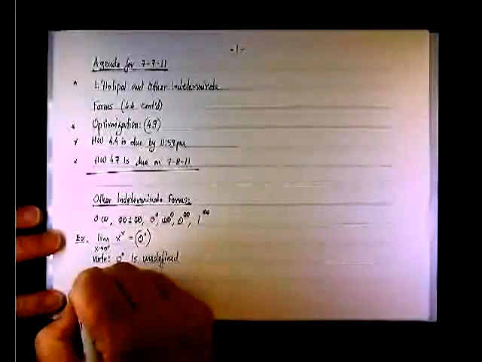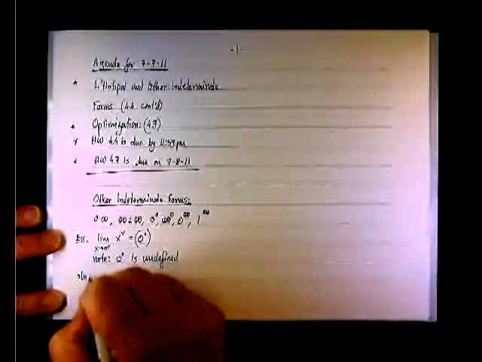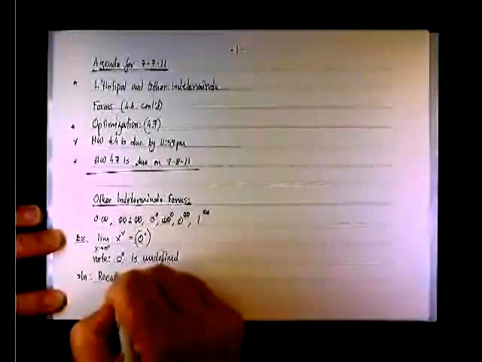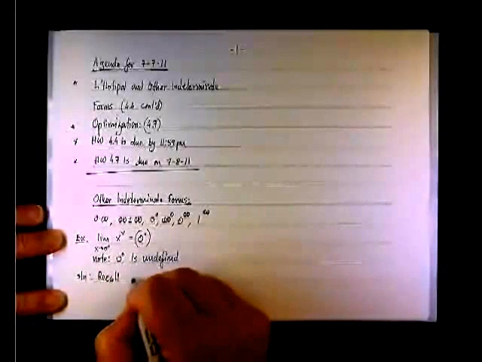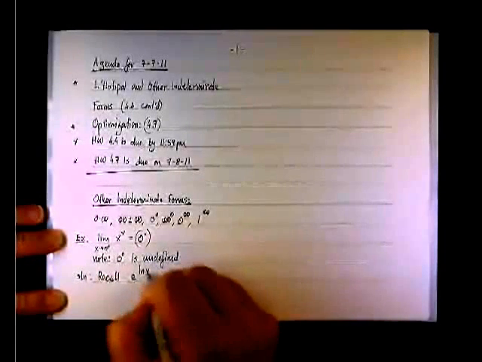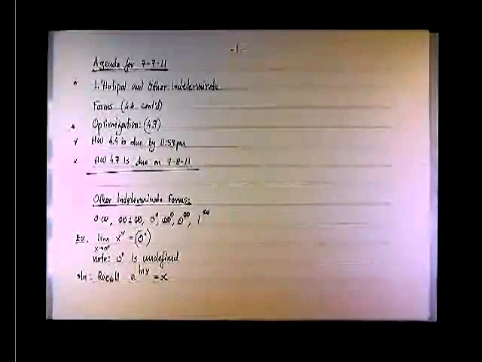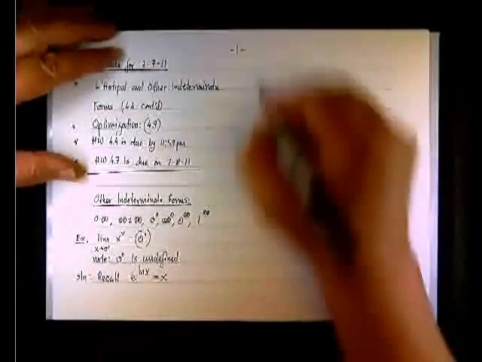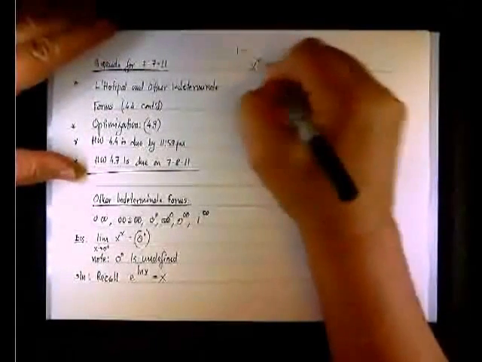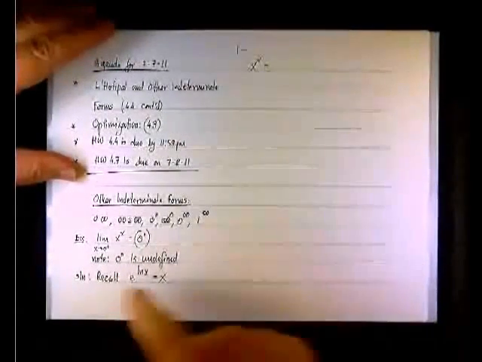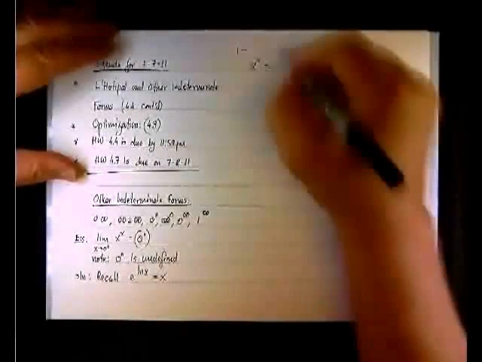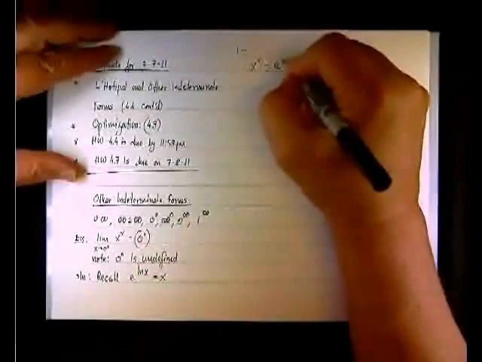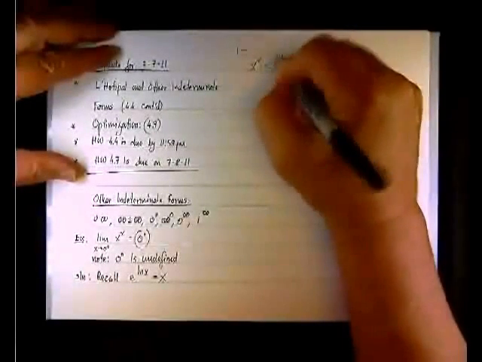To solve, we're going to recall the following. Recall that e to the natural log of x equals x, and we'll use this property in the following manner. We're going to say that x to the power of x, we'll substitute x with e to the power of natural log of x.